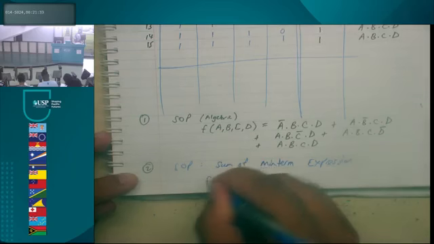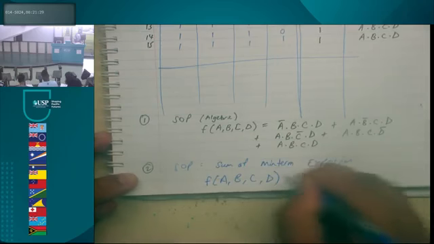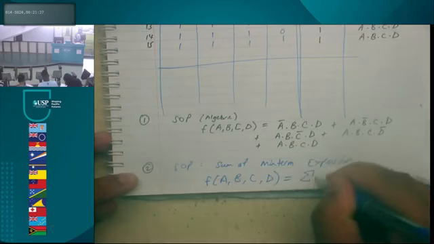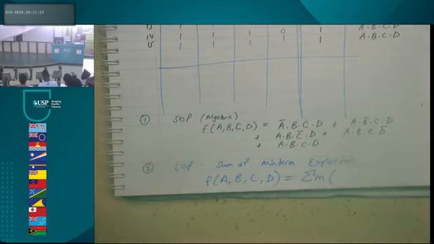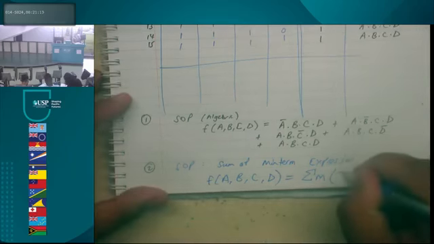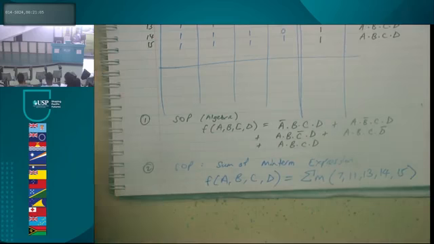So we say f of a, b, c, d is equal to sum lowercase m, open bracket. Now give me the addresses of the places where 1 occurs. So it will be 7, 11, 13, 14, 15.